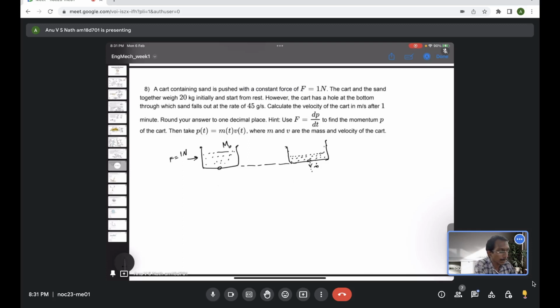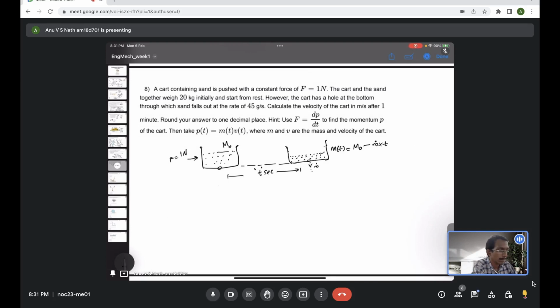Later we find that its mass will be decreased. So let's say from here to here for the motion it took t seconds. Then the mass at this time will be the initial mass minus the rate of leakage of mass, m dot, which is given as 45 gram per second, times t.